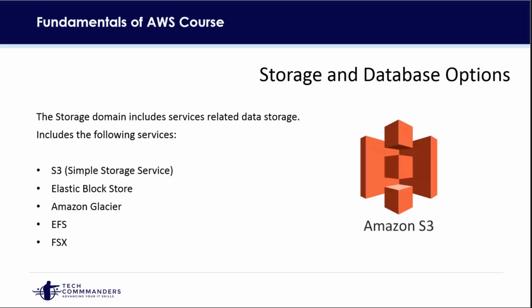Now, FSx is an interesting solution because it's essentially a managed third-party system that's used. It's really meant to provide low latency, high performance storage. The main use case is really for file systems that need to have multiple access to multiple users at the same time.